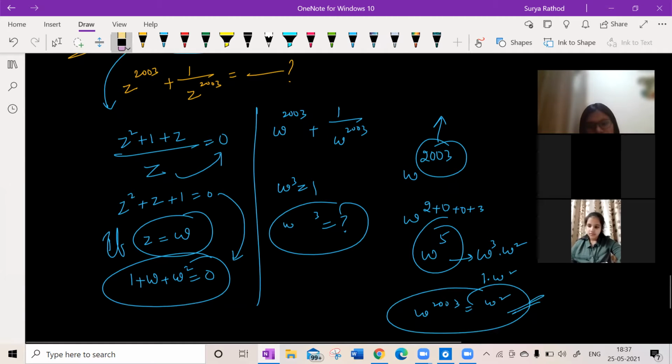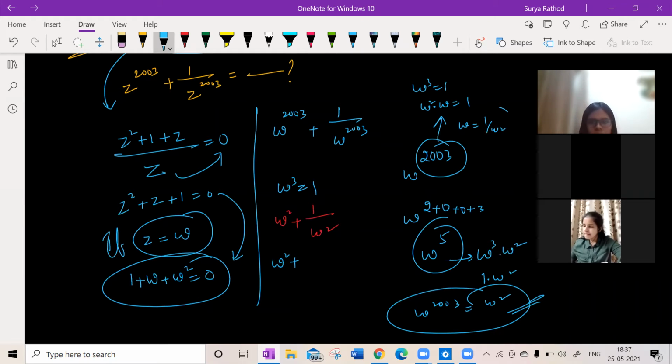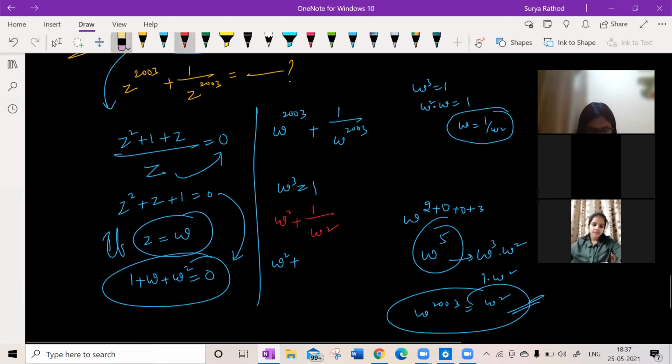Any doubt? So omega to the power of 2003 is what? Omega square plus 1 by omega square. So omega square can be written as what? Omega cube is equal to 1, which means 1 by omega square is omega.